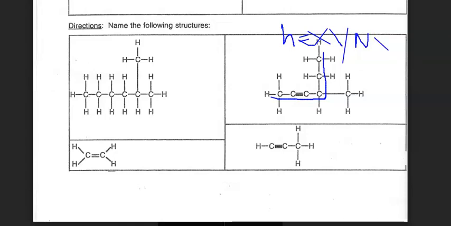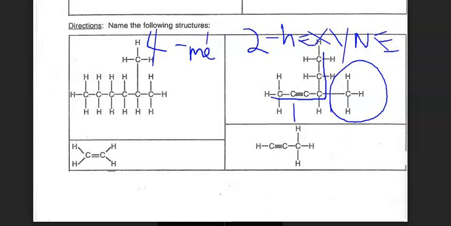And that is showing up starting with the second carbon. This is supposed to be an E. I don't know why my computer's so slow today. Sorry. So this is a 2-hexyne, excuse me. And then we have a methyl group here on the 4th carbon. So this is 4-methyl 2-hexyne.